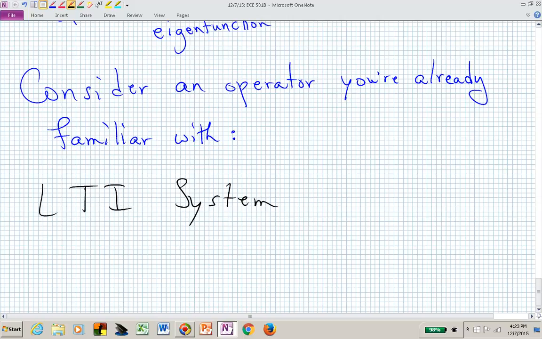For example, let's look at a linear time invariant system, and the operator or the concept is convolution.